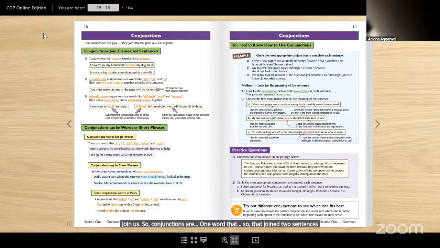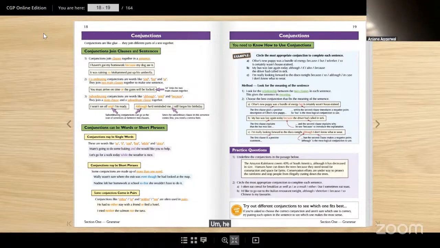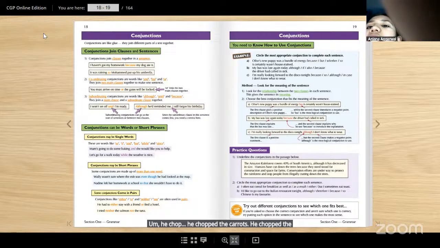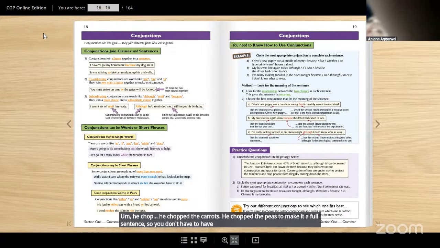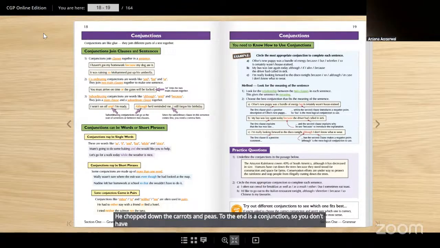Like if you put he chopped the carrots, he chopped the peas, instead of two short sentences you can have one long sentence. It would be: he chopped the carrots and peas. So the "and" is a conjunction, so you don't have two different sentences for just him chopping two things.